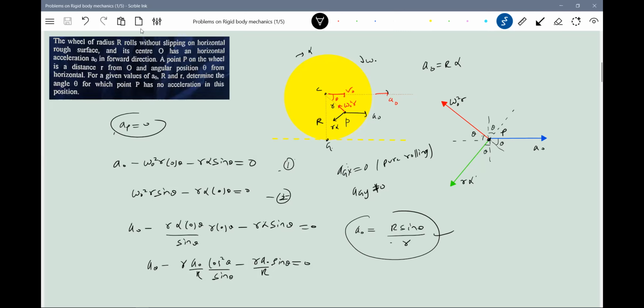What do we get then? Sin theta equal to? Small r by capital R. Oh, only that much. Yeah, fine. Sin theta equal to small r by capital R.